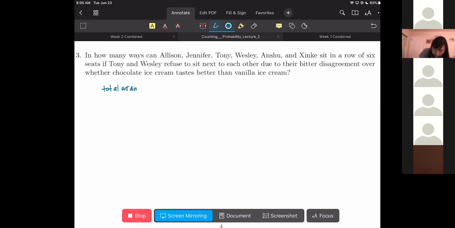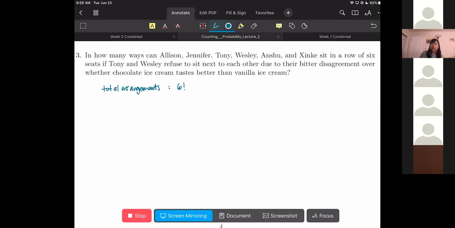Tony can be in the third, and Wesley can be in the fifth, and so on and so forth. And then we find the amount of people left and then multiply. And after doing that, we get the total number of arrangements.